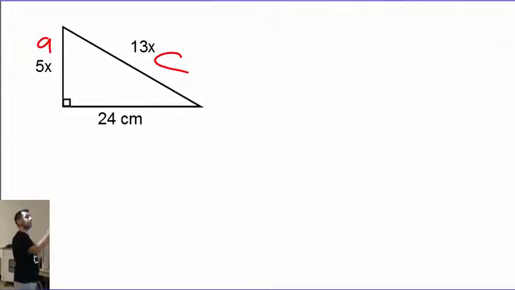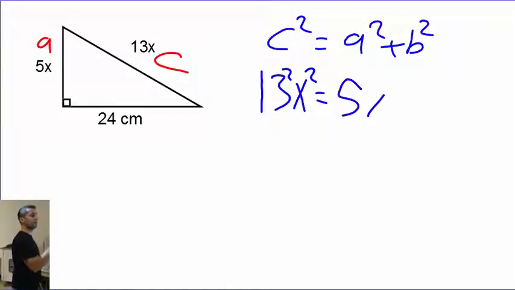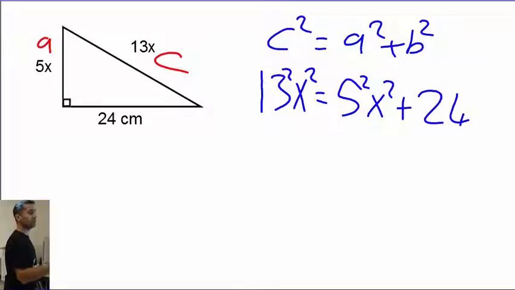Let's write down the Pythagorean theorem first. And C is (13x) square equals A is (5x) square plus 24 square. So how do we do this? What is 13 square?